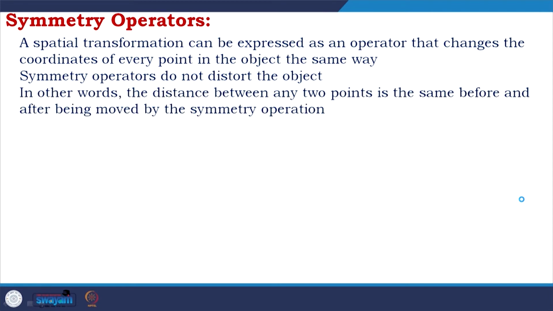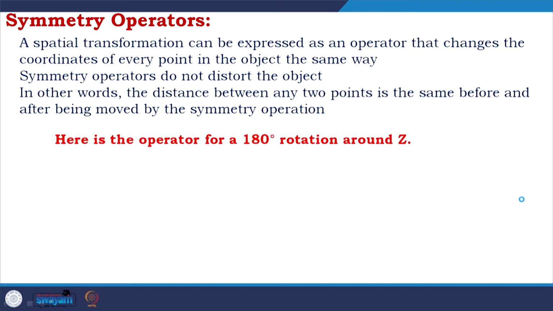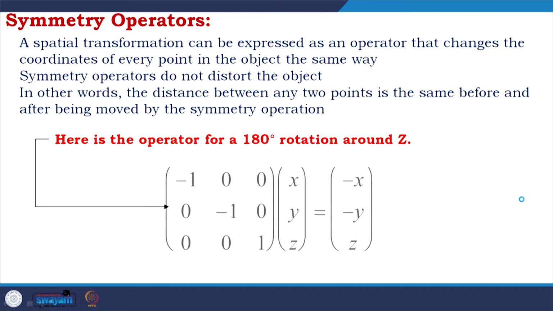In other words, the distance between any two points is the same before and after being moved by the symmetry operation. Here is the operator for a 180-degree rotation around the z axis. So, x and y change: x, y, z becomes minus x, minus y, z.